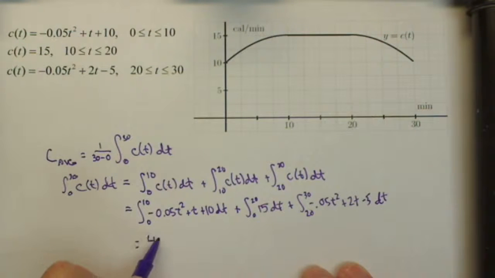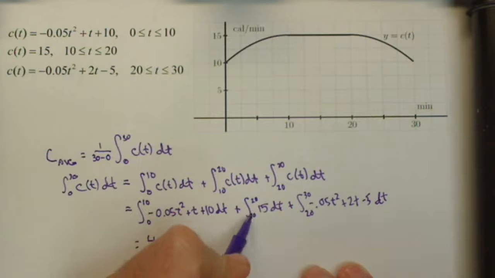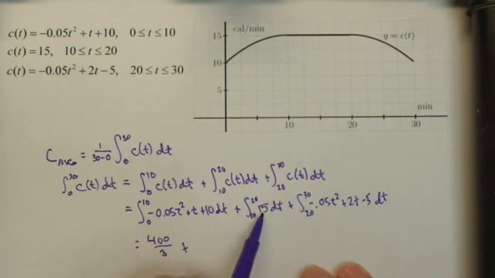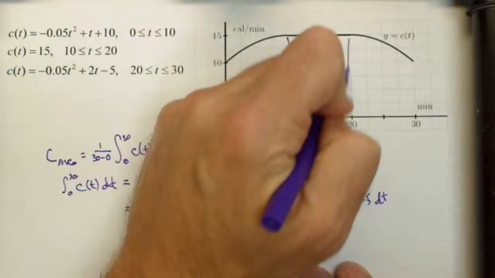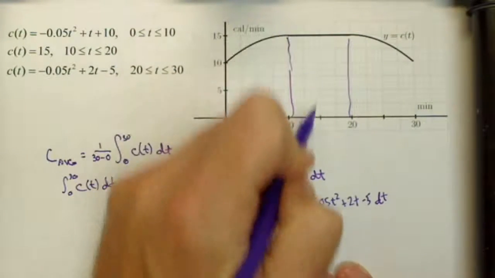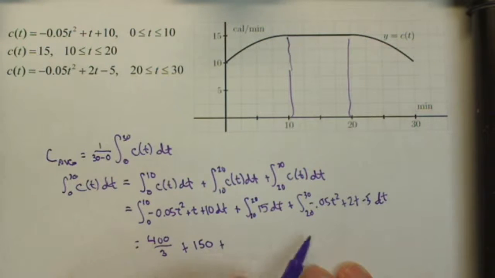That came out to be 400 thirds. This one, that should not be a 0, excuse me, that should be from 10 to 20. This one, notice, is just a rectangle with a height of 15 and a base of 10, so 150. That's just a multiplication. This one, I'm not going to go through the calculation here.